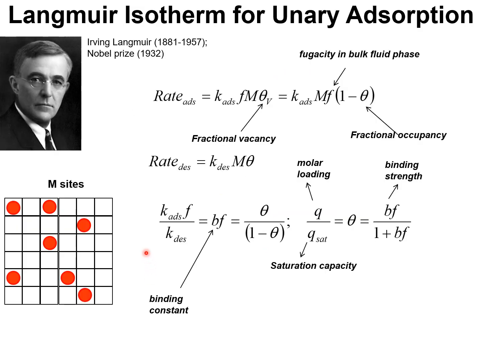We start our discussions by considering the adsorption of a single component in a porous adsorbent. The porous adsorbent is considered to be made up of M adsorption sites, and we may write the rate of adsorption to be proportional to the number of vacant sites within the material.